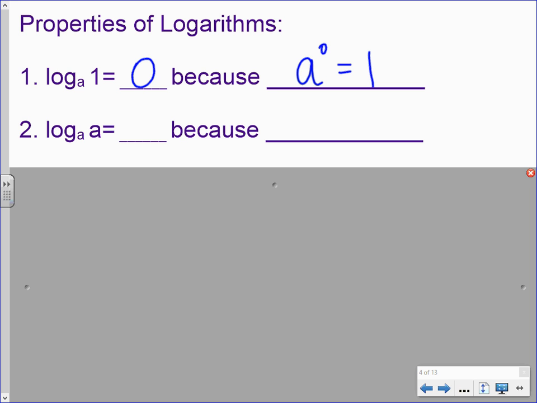Pod 2. 1. Because anything raised to a 1 is itself. Okay, if we take base A and raise it to 1, we get A. So log base A of A is 1. If your base matches what's inside, the logarithm equals 1.